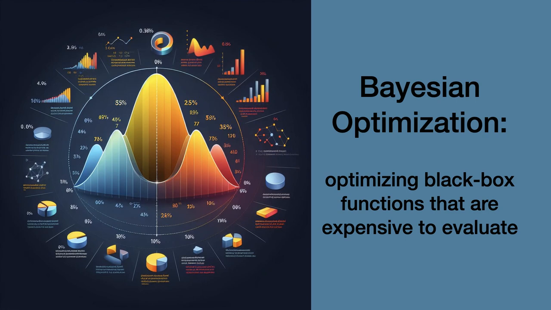Another key advantage of Bayesian optimization is its ability to handle noisy and expensive to evaluate objective functions. In machine learning, evaluating the performance of a model with different hyperparameters can be computationally expensive and time-consuming.